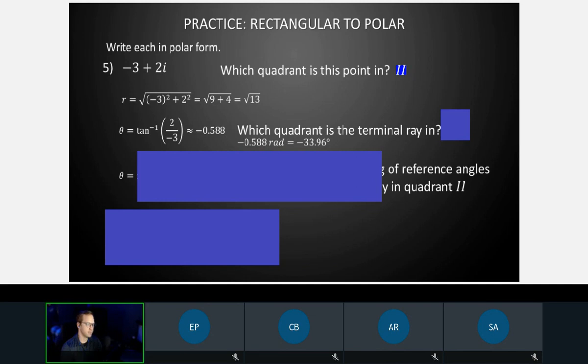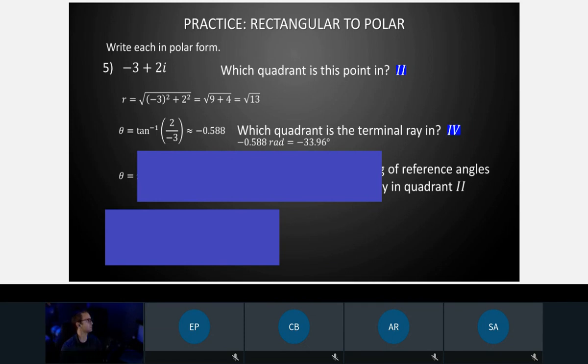Which quadrant is that in? Remember, you're going clockwise just over a half a radian, and a half a radian is 90 degrees. So you're going past the 90-degree mark, which puts us in quadrant 3.